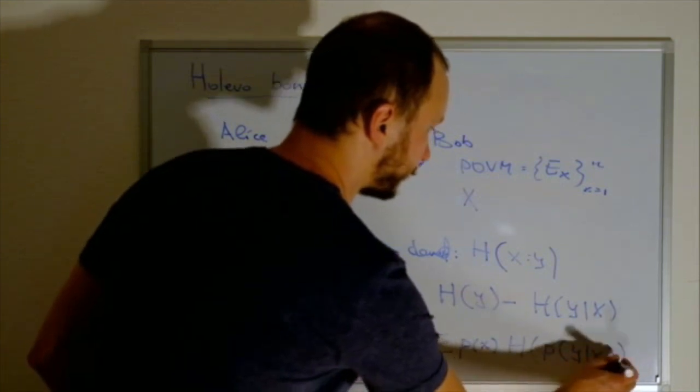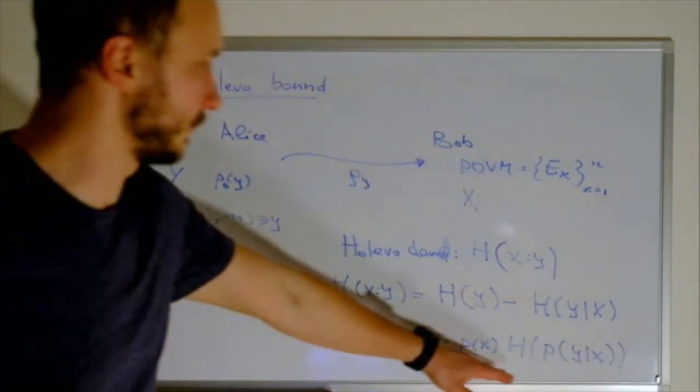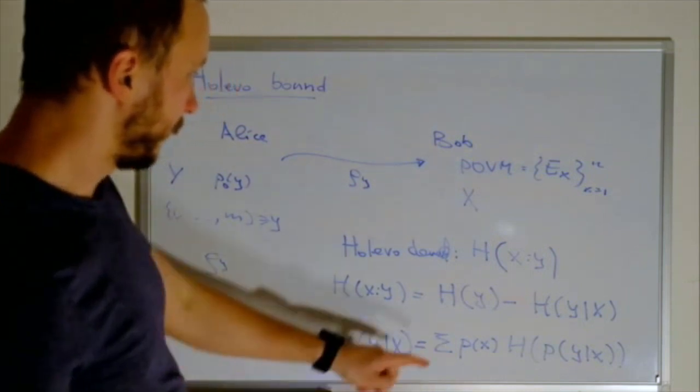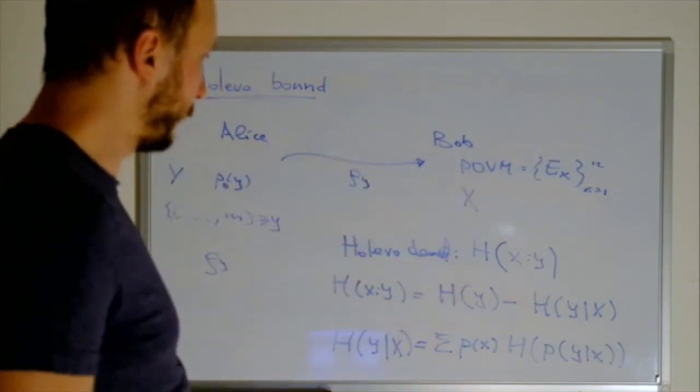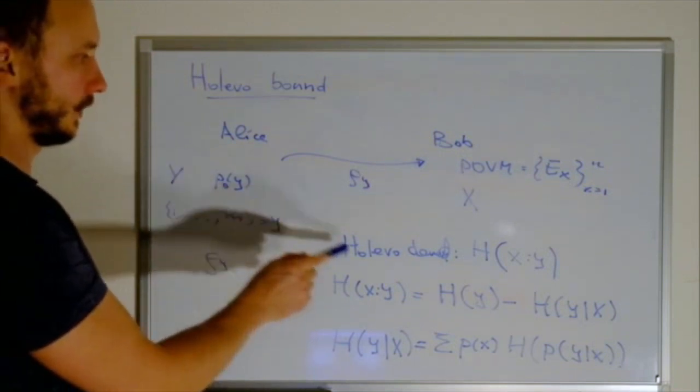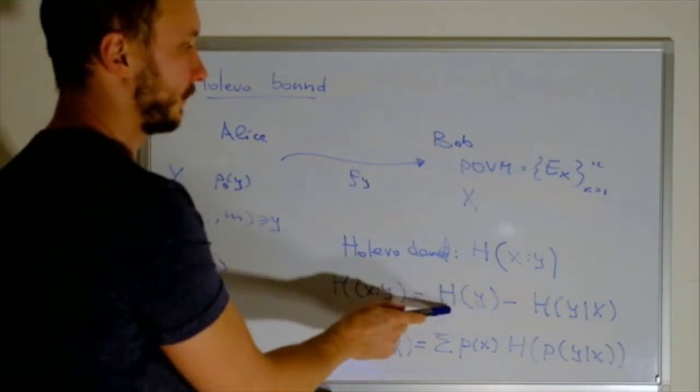You see similar things appearing as in the previous hour. So what is this here? A priori, Bob knows this distribution P0 of Y, and this distribution is characterized by this entropy.